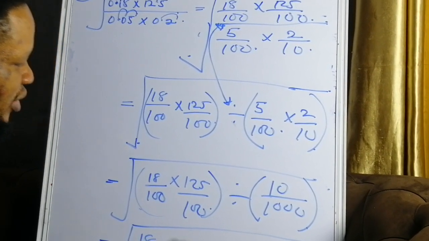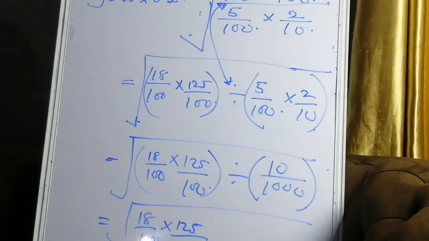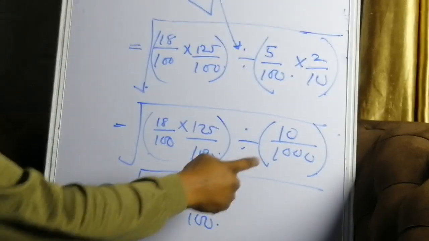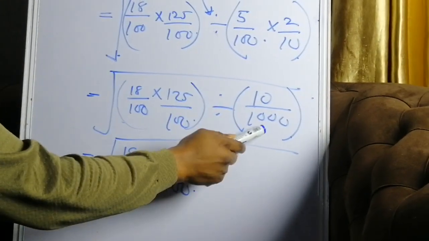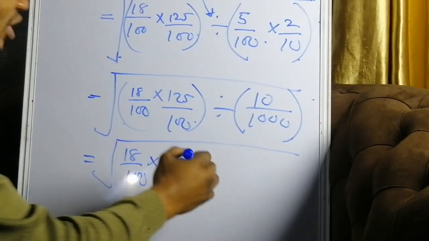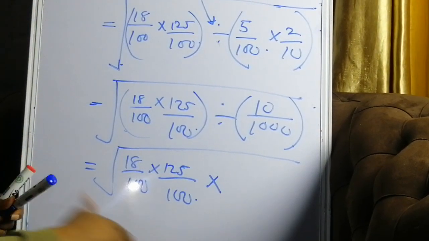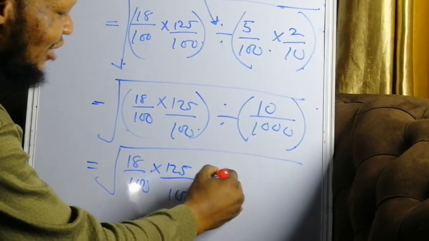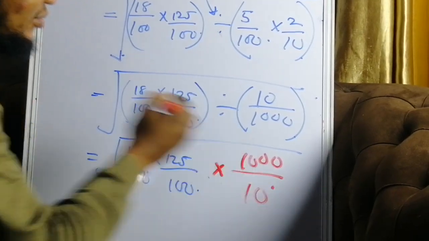125 over 100. Now, if you look at this very well, this division, I can change it to times. How do I change it to times? I can move the denominator to the numerator and the numerator to the denominator. So it will now be times 1000 over 10.